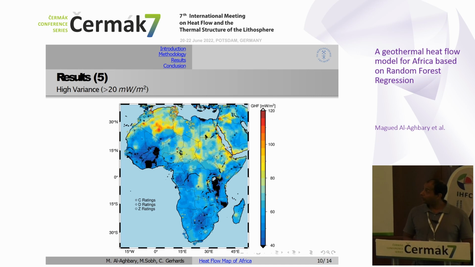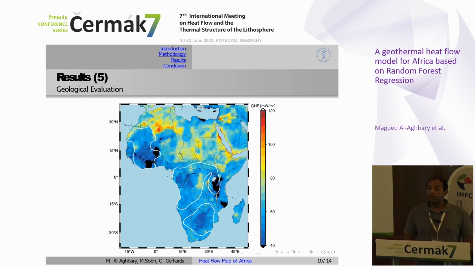If we would like to overlay the position of the volcanoes, you can see that it managed again overall to capture where the heat flows are. As for the cold parts, those are the West African craton, Congo craton, and the Kalahari craton. And again, the model managed to describe those cratons well.